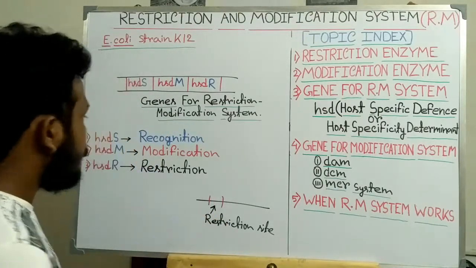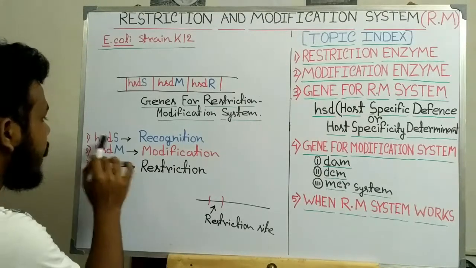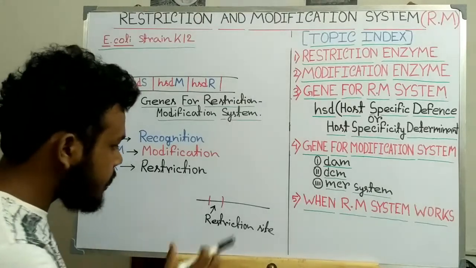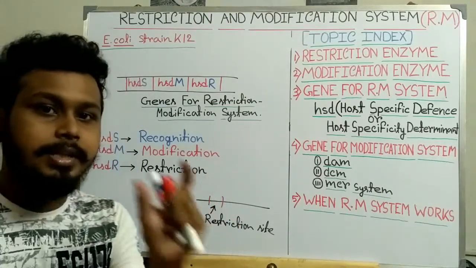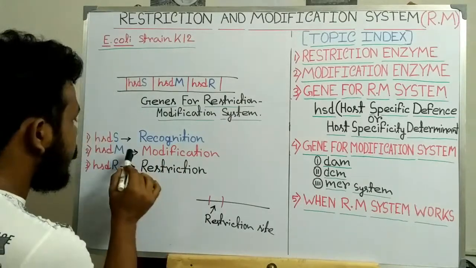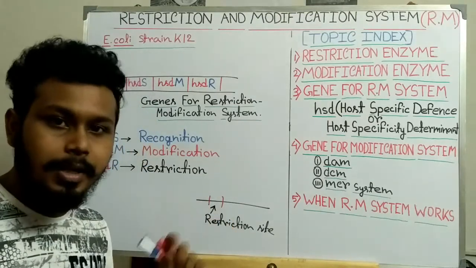So in whole, at first the HSDS gene recognizes the restriction site. Then if it is a genomic DNA, the modification system modifies the DNA by adding the methyl group.